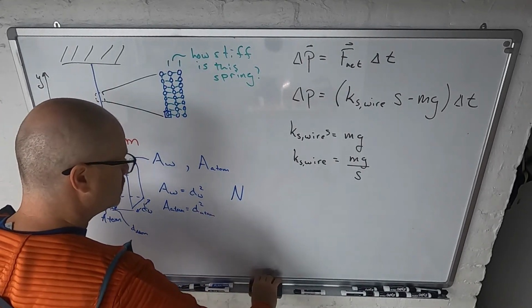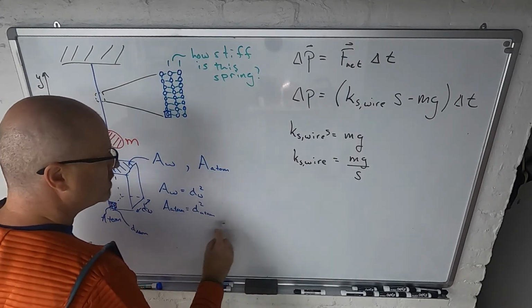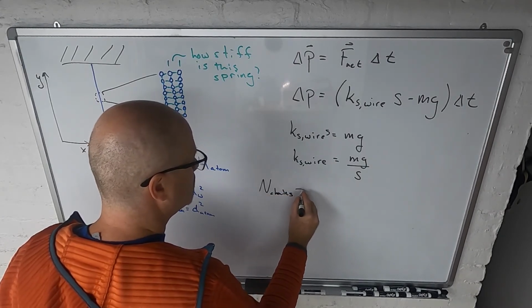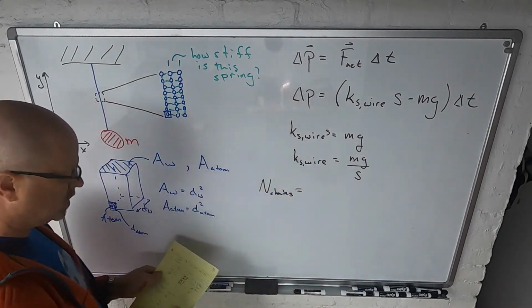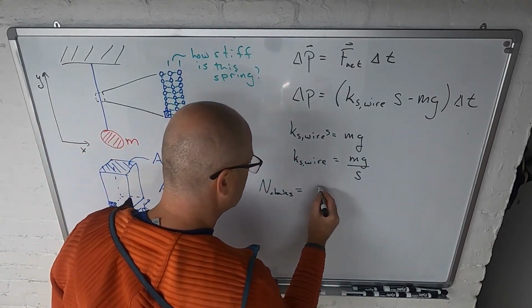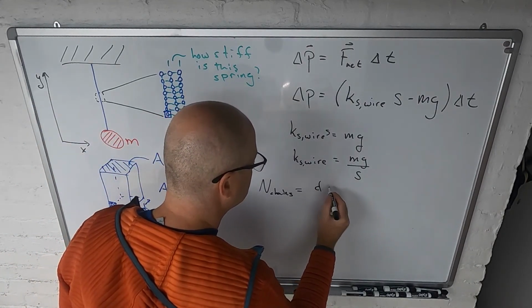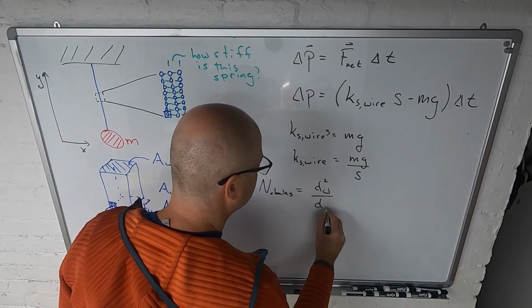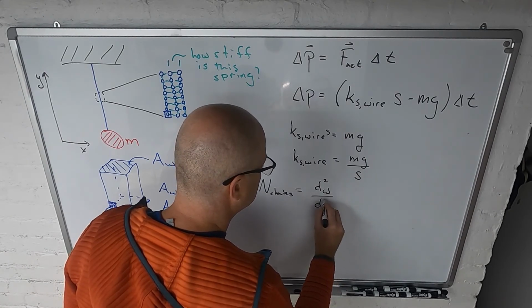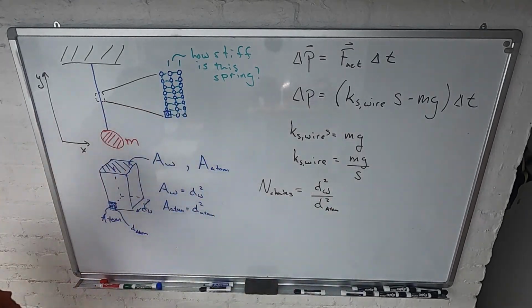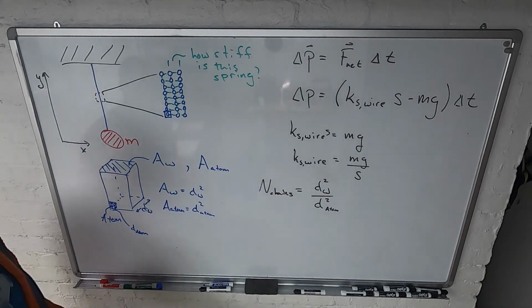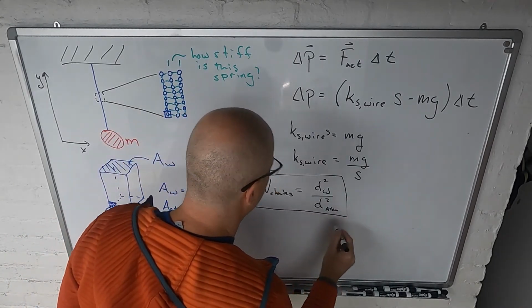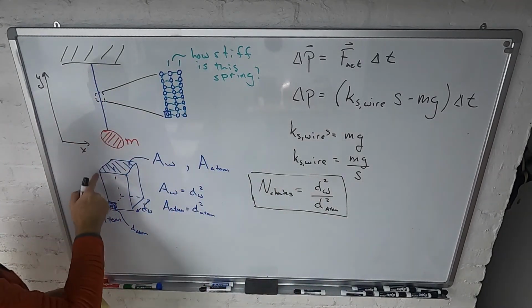So N chains in the wire is the number of the area of the wire divided by the area of the atoms. Okay, so that's one thing to keep track of. That's the number of chains in my wire.